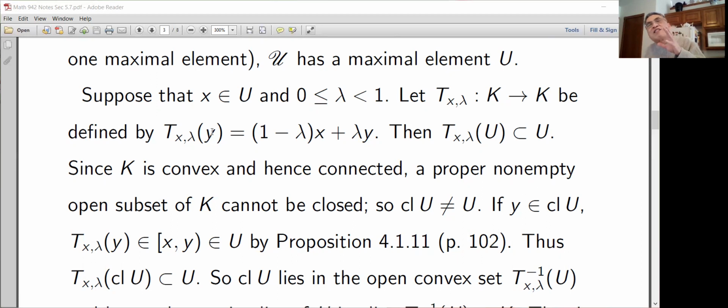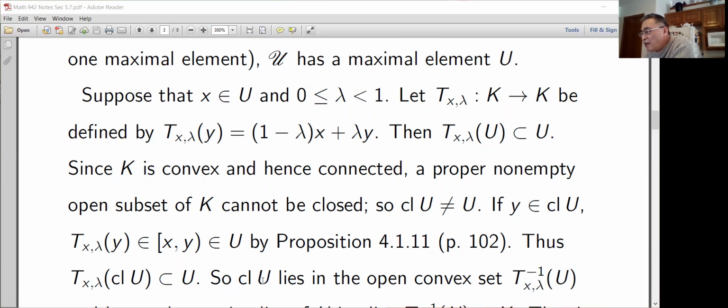It is a translation of a linear map. That kind of map we call an affine linear map, an affine mapping. An affine mapping has the property that it maps a convex set to a convex set. So therefore, the inverse image of a convex set is a convex set. So this set is open and convex, okay?